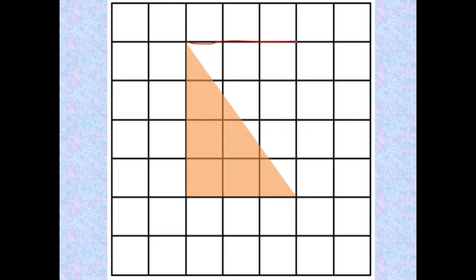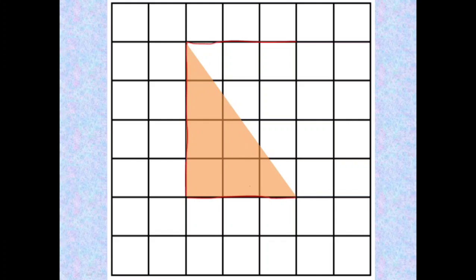So just observe, my dear children, we will draw a line which is as wide as the base of this triangle. This is the base of this triangle, beta. So I have drawn the two sides of the rectangle which are equal, the two opposite sides. Now this side is actually the height of the triangle.